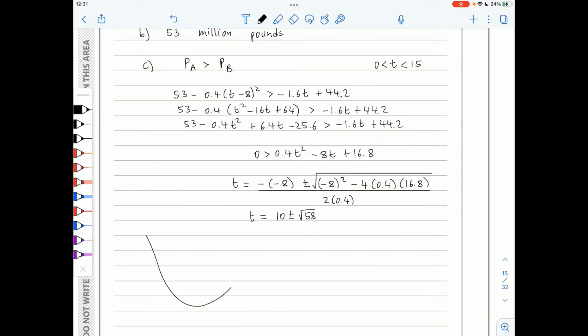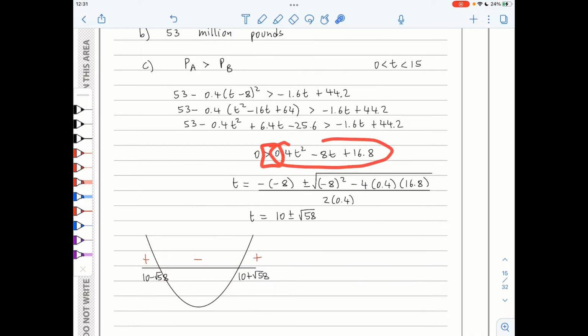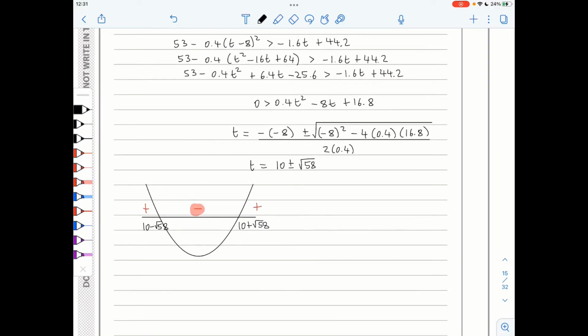I can actually draw my smiley parabola here with the critical values at 10 minus root 58 and 10 plus root 58. The y values go plus, minus, plus. We want it to be less than 0 here, so we want the negative part. So from here, we can see that t has to be between 10 minus root 58 and 10 plus root 58.